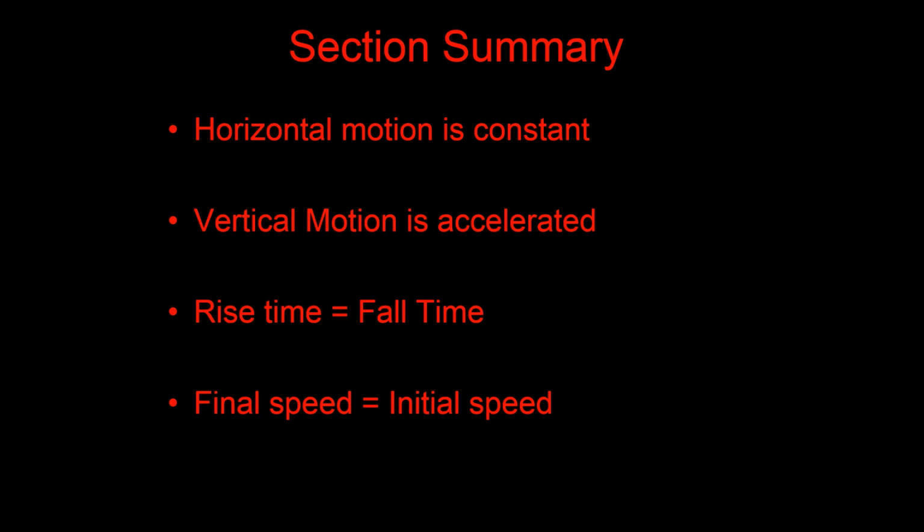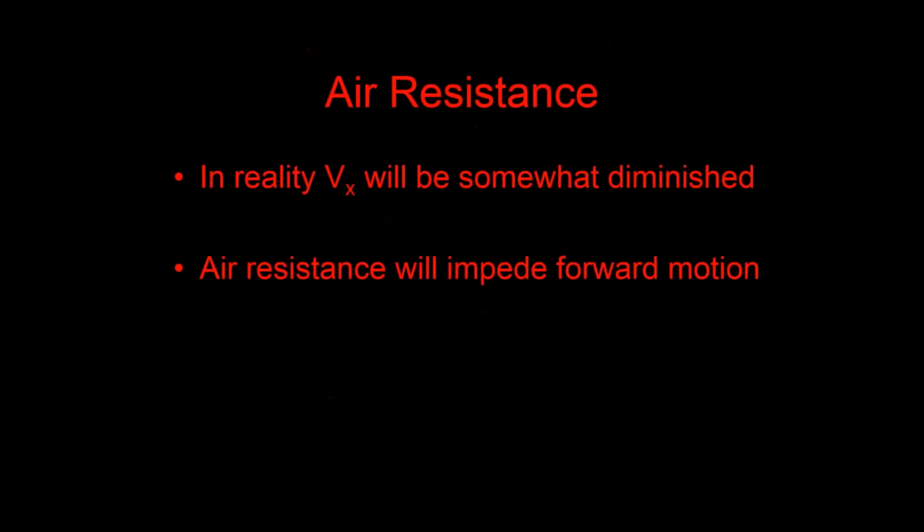Now let's just make this situation that little bit more realistic. All the way through, you've probably been tired of hearing me say ignore air resistance, just to make sure people did. But in terms of air resistance, in the real situation, Vx will not be constant. It'll be closer than it will be in the y direction, but you will always have a slight negative acceleration resulting from the fact that your projectile is moving through a fluid.